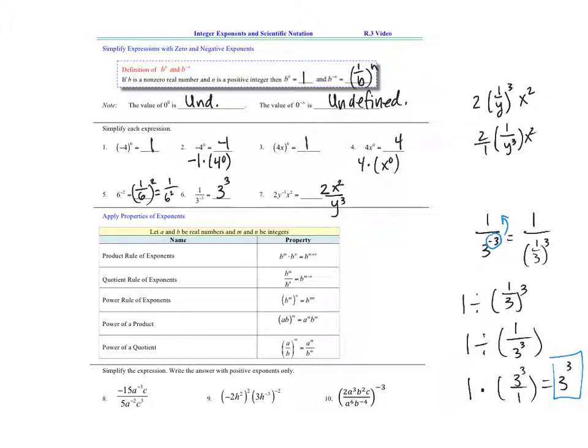If you have a number times a fraction, give your number a denominator of 1 and then multiply straight across. So we'd have 2 times 1 is 2 times x squared. 1 times y cubed would be y cubed. So if this is negative in the numerator, it becomes positive down in the denominator.